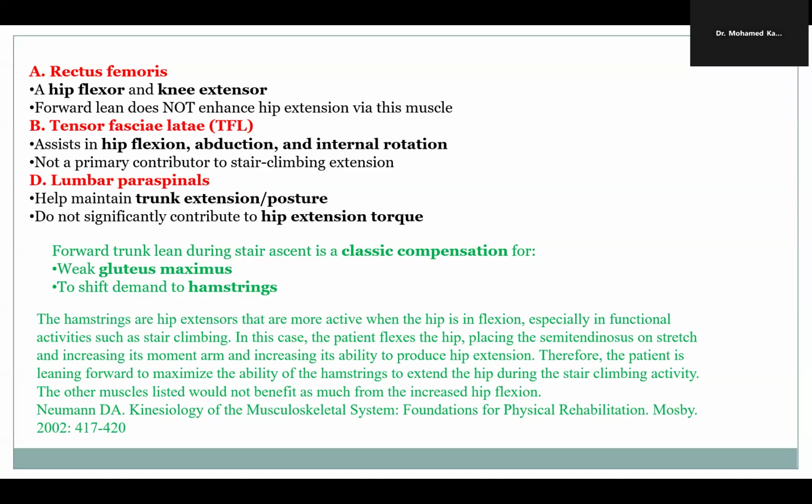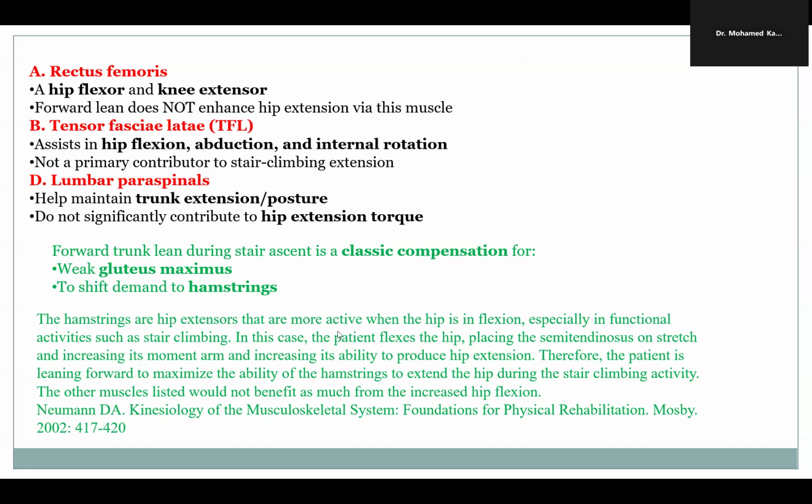So forward trunk lean during stair ascent is a classic compensation for weak gluteus maximus to shift the demand to the hamstrings. This is a clinical point we need to take from this question. So the hamstrings here are hip extensors, which are more active when the hip is in flexion due to the length-tension relationship I just explained, especially in functional activities like stair climbing.